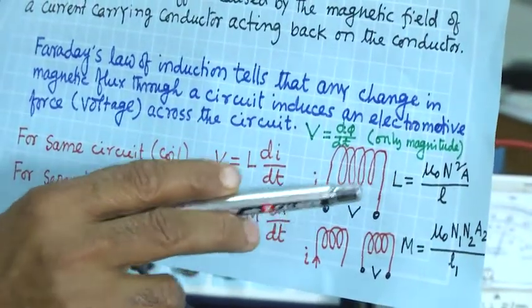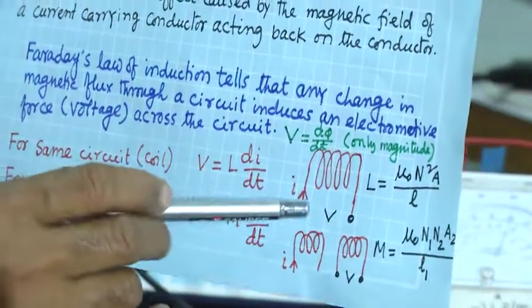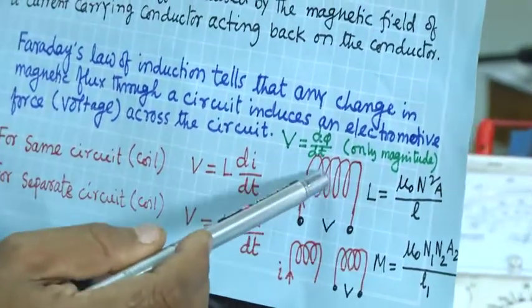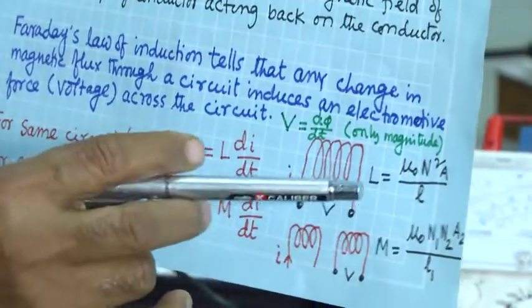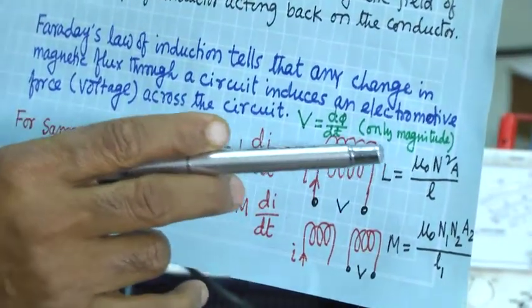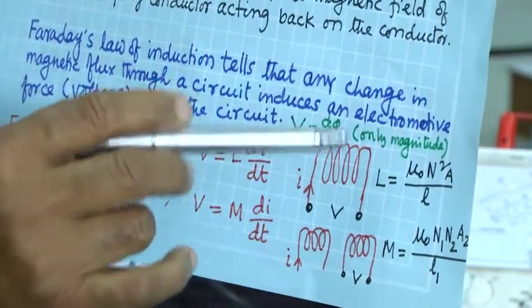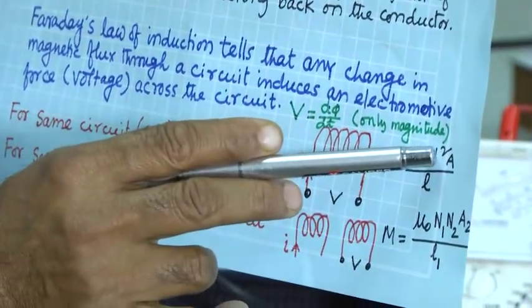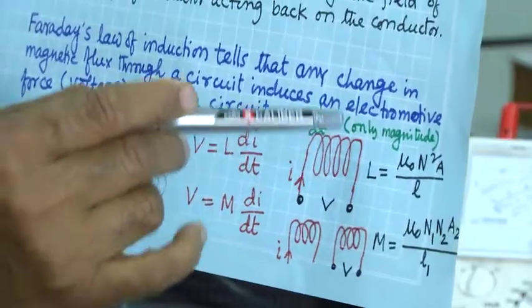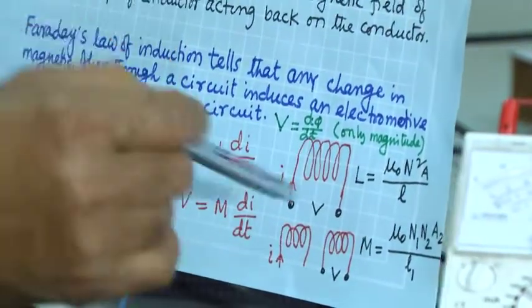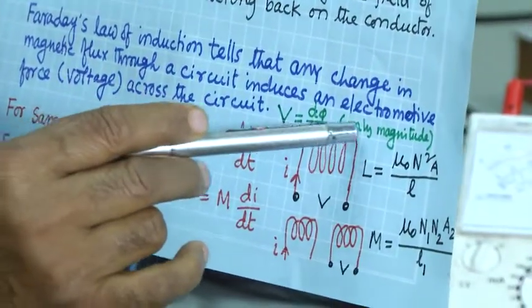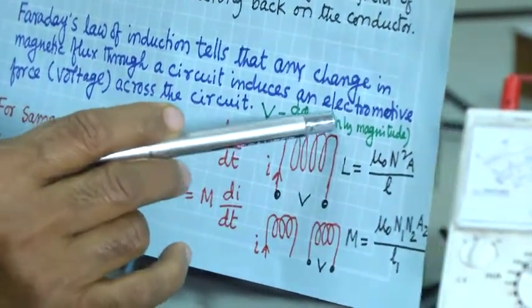Mu 0 is for the air medium, we have used no core, the core is air. And n is the total number of turns in this coil, A is the cross sectional area of the coil, and l is the length of the coil.